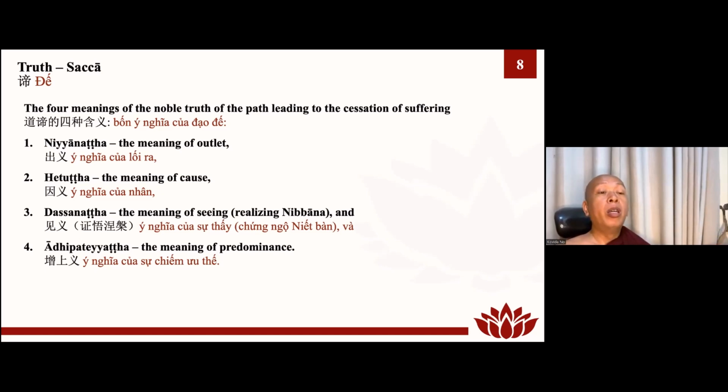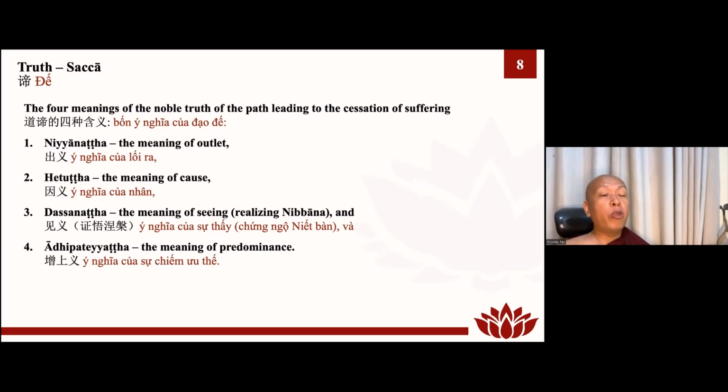For example, I always say we have to know Dukkha Satya and Samudaya Satya, right? So to know Samudaya Satya, then they also can be the cause. Similarly, to know Dukkha and Samudaya Satya, they are also the paths.